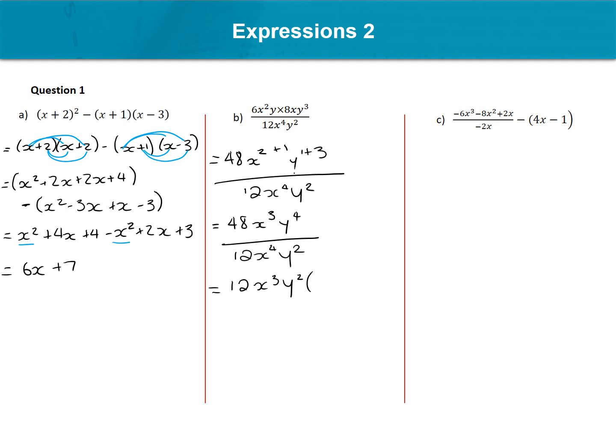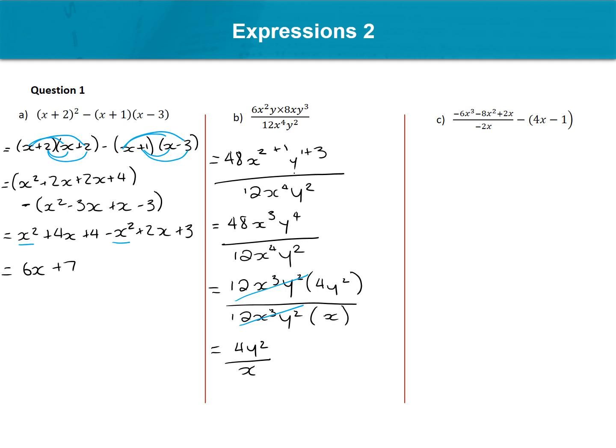At the top you're left with 4y², and at the bottom you're left with just x. So we can cancel those two out, and you're left with 4y² all over x.